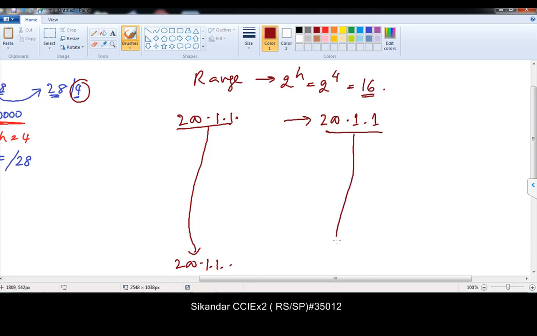Similarly, on the right side also, 200.1.1 remains the same. So writing the range: a group of 16 addresses. The first range starts from 0 and the next range starts at 16. You just have to write multiples of 16, because the size of the network is 16. So 32, plus 16 is 48, plus 16 is 64, plus 16 is 80, plus 16 is 96, plus 16 is 112.